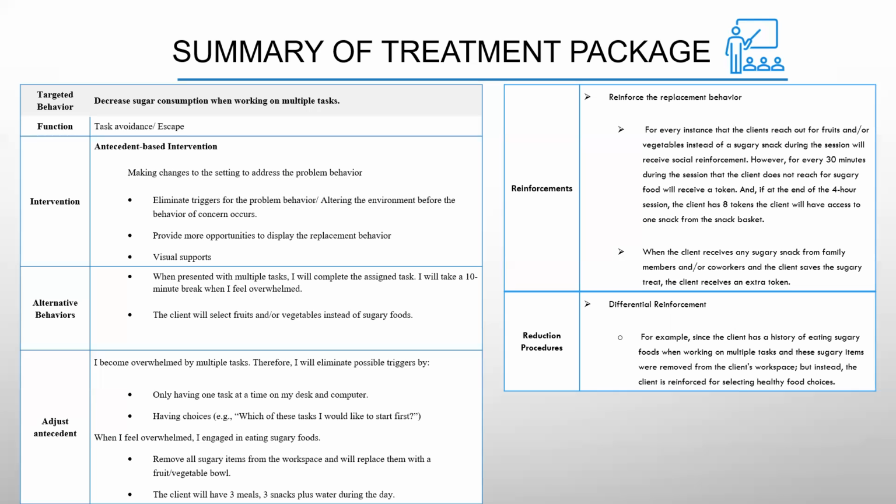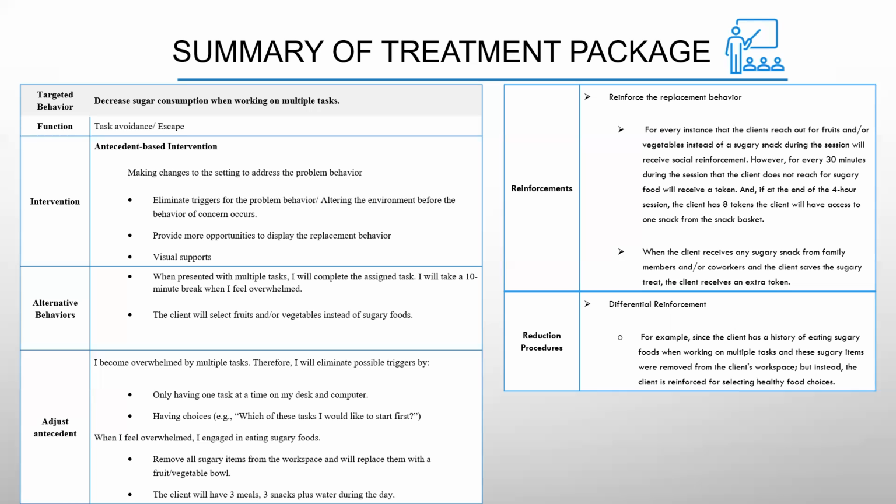For reinforcement, I use a token bar, and for every instance that the client reaches for fruit and or vegetables instead of any sugary snacks during the sessions, we receive social reinforcement. However, for every 30 minutes during the session that the client does not reach for sugary foods, we receive a token.